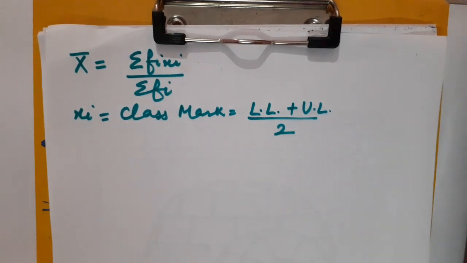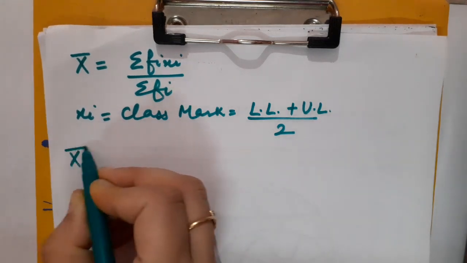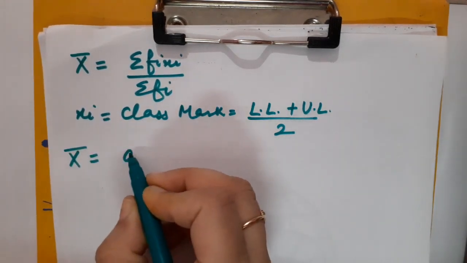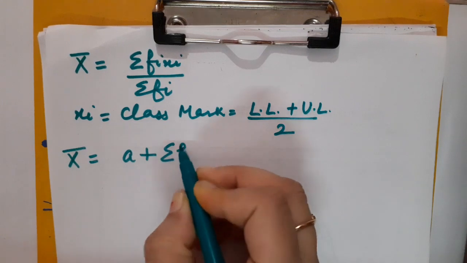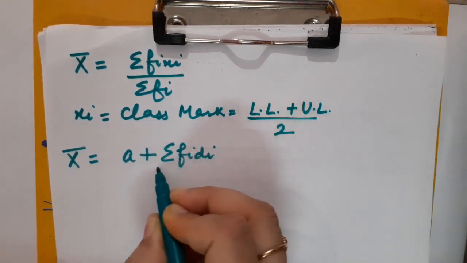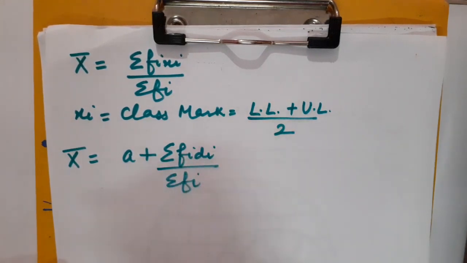Now let us recall the formula to calculate average or arithmetic mean using assumed mean method. So this is x bar is equal to a plus sigma fi di upon sigma fi. Correct?